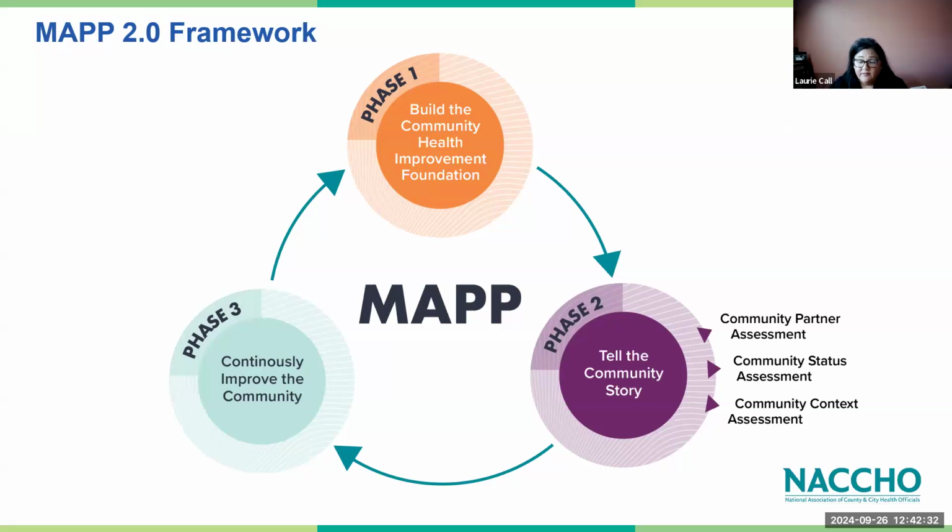Some of you have a smaller health department, a smaller number of community partners, and you don't necessarily have a huge staff dedicated to this or portions of their time dedicated to this. These tools can be really helpful for you in phase one because you're thinking through it, or it may mean that you don't have as much time to use all these tools. So the tools are there.